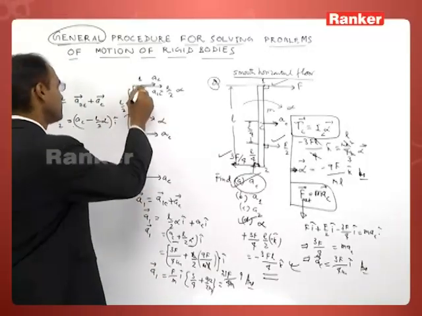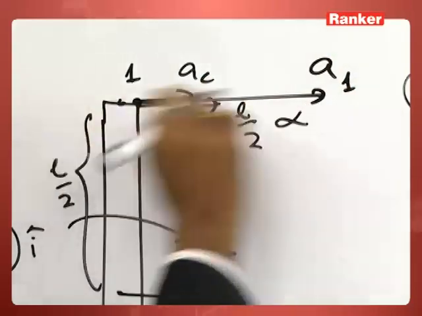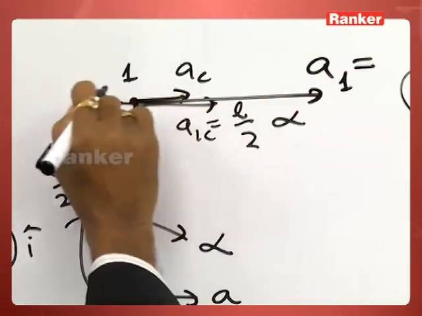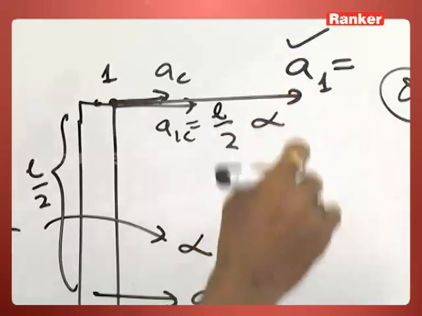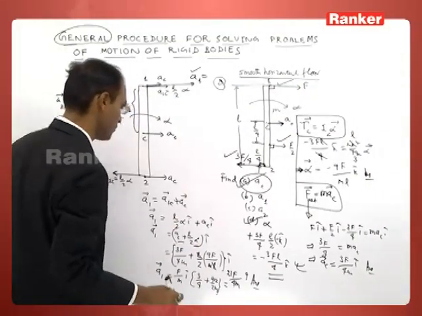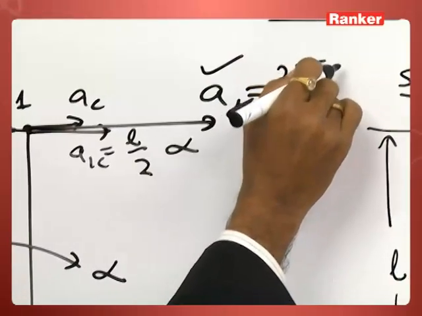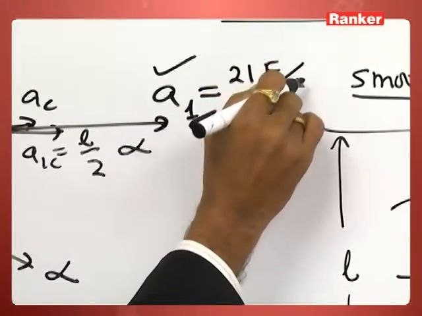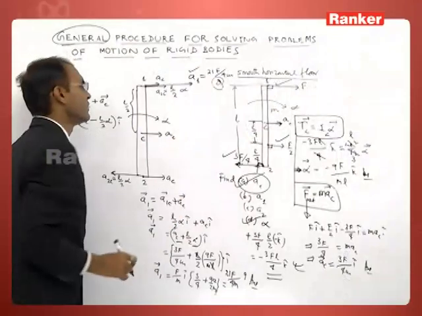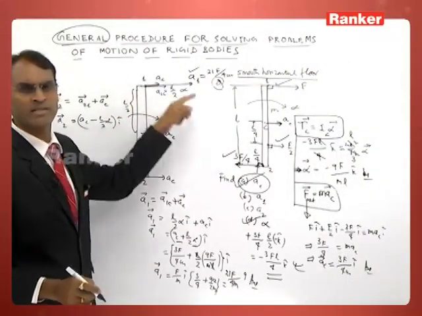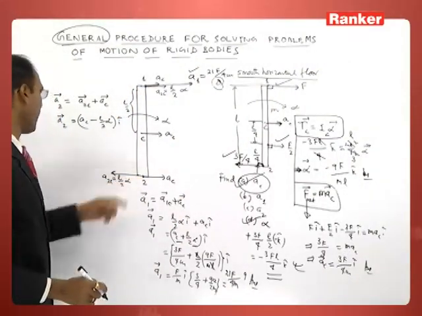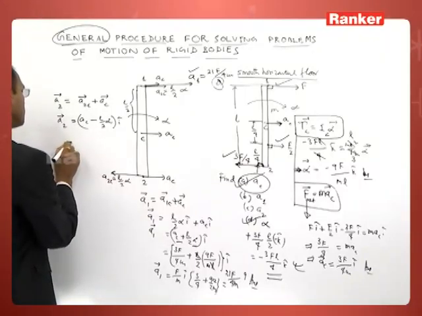This point moves towards right with an acceleration A1 equal to 21F by 4m. This acceleration of this point is towards right. Let us calculate the acceleration of this point 2.